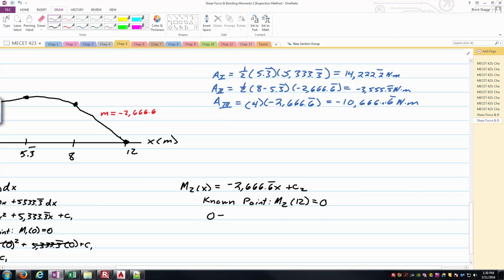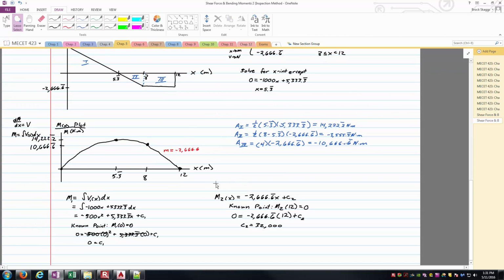And so here I've got 0 is equal to negative 2,666.6 times, now the x goes to 12, plus C2. And we solve for our C2 value. Just give me one moment. And that appears to be 32,000. And so that gets us the 32,000 for the y-intercept there.